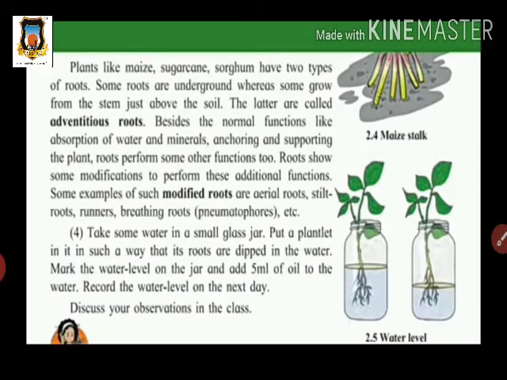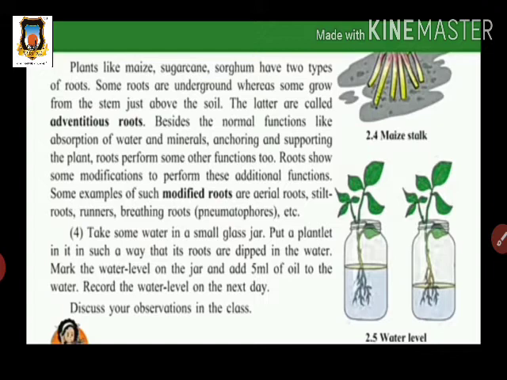Here you take some water in a small glass jar and put a plantlet, meaning a small plant having roots, in it in such a way that its roots are deep in the water and the other part remains above the water. So in that way you dip this plantlet. Mark the water level on the jar, meaning on the first day you mark up to which level water is filled in the jar.